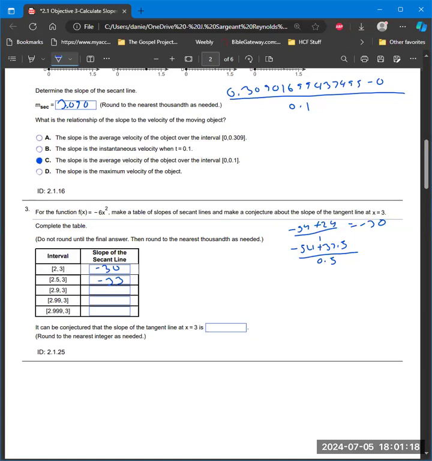And we have negative 54 plus 50.46 over 0.1. And that's going to be a negative 35.4.